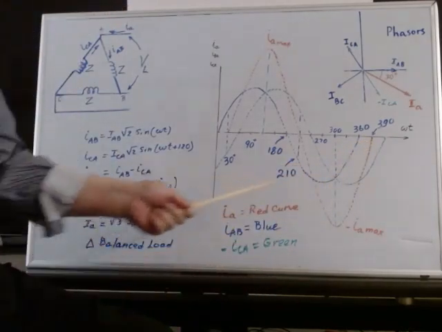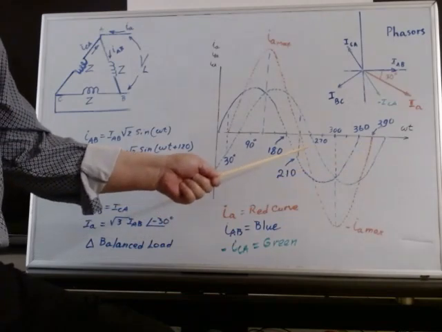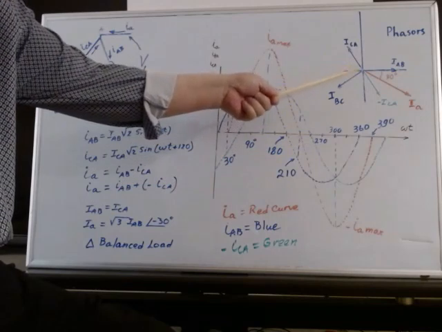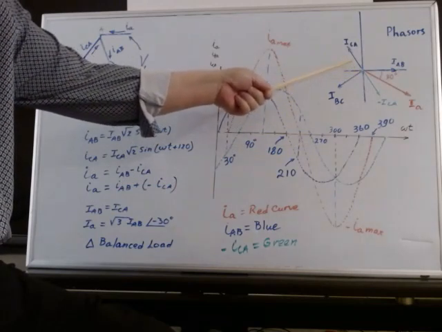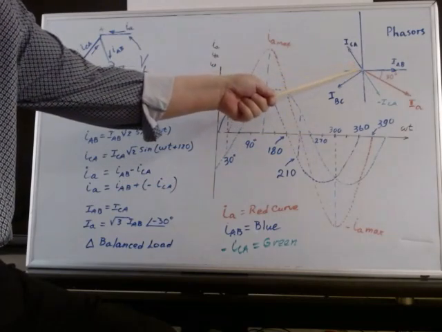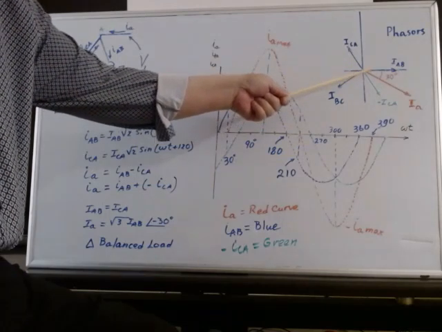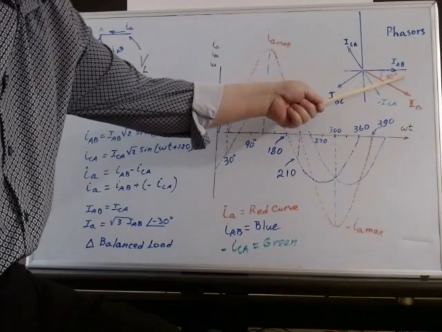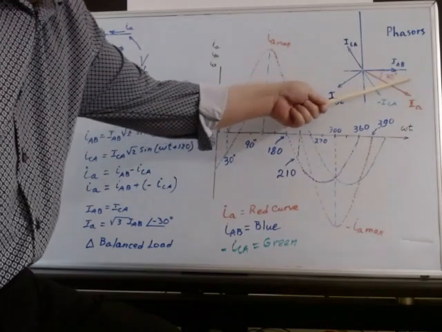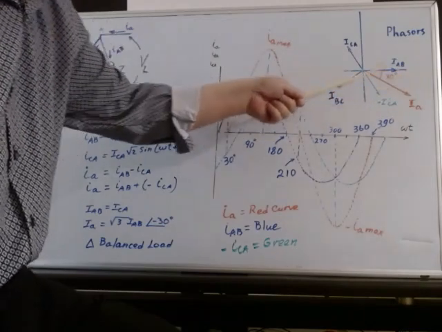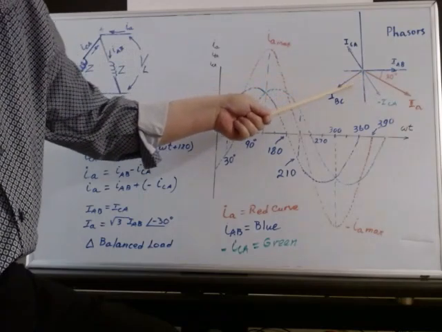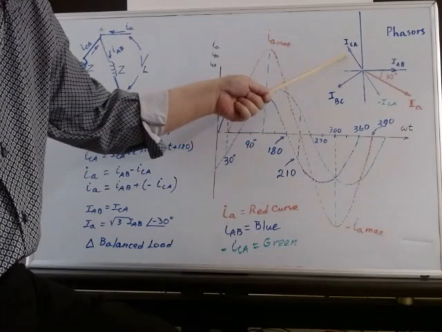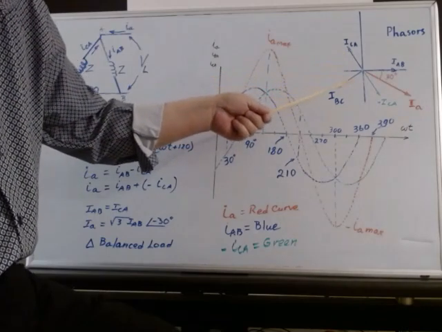You can compare this solution by graphics to the phasors. Representation of the phasors is that you have this vector IAB as reference, on the x-axis, followed by the current IBC, which is followed by the current ICA.